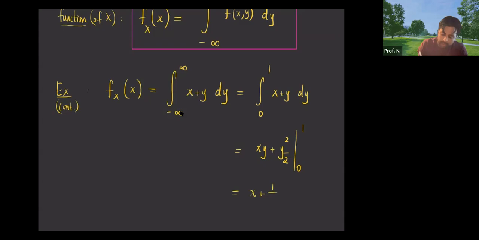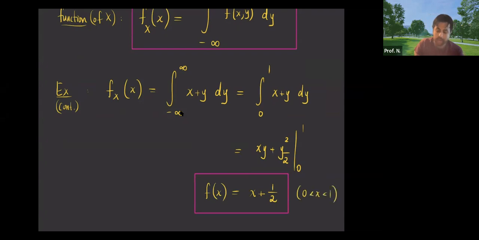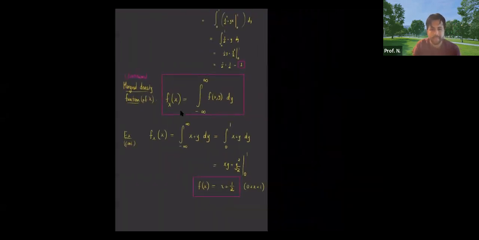You get x plus a half. And that's f of x. So this would be the probability density function for x alone, for when x is between 0 and 1. Does that make sense?